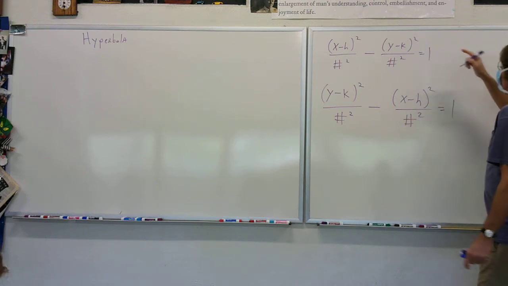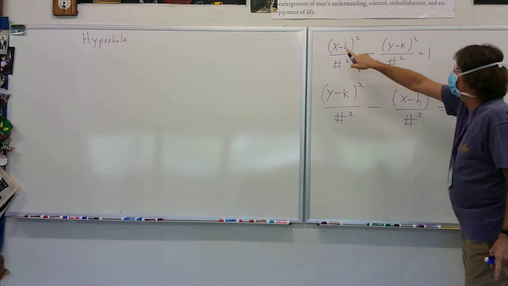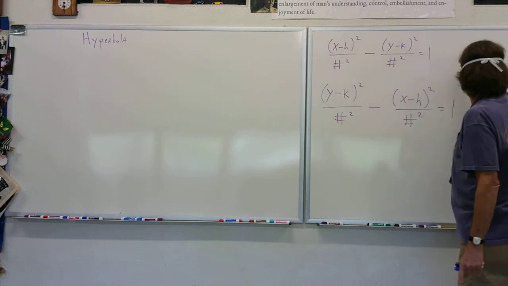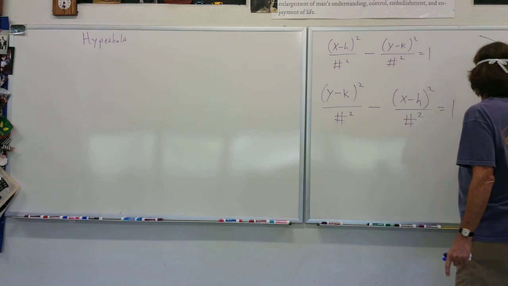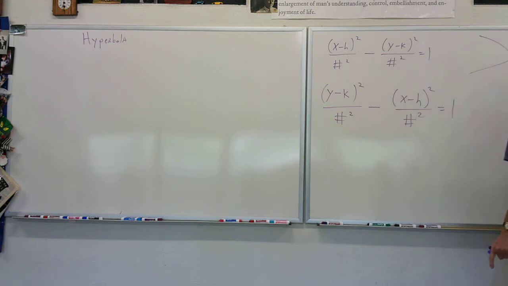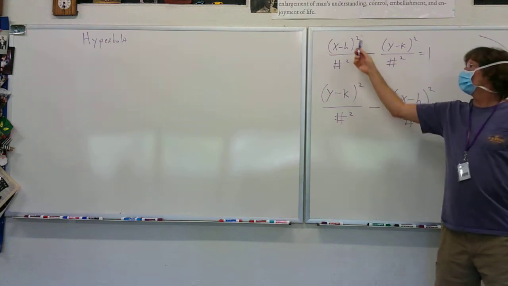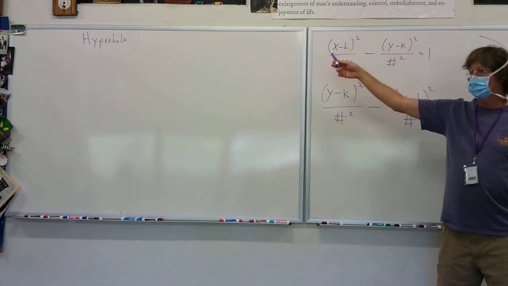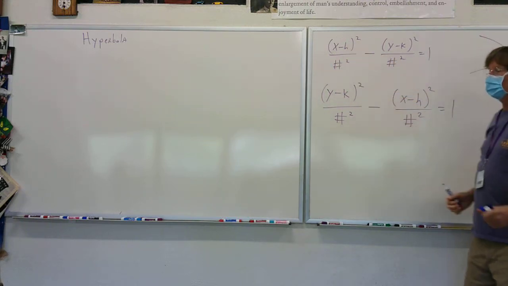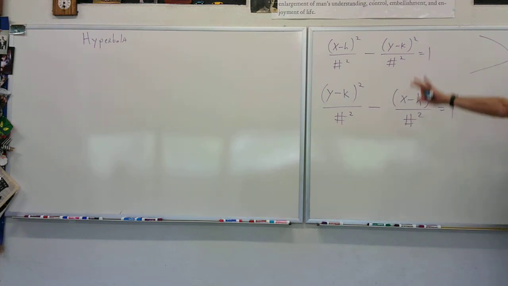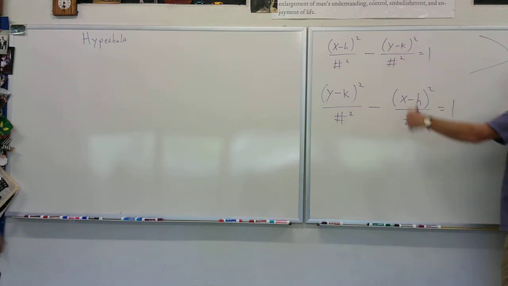Here's the deal. If you have hyperbolas that are X squared minus Y squared, they're going to open to the left and to the right, because this X is going to have to be larger. So they've got to be in the X direction. X is first, and what does X do?